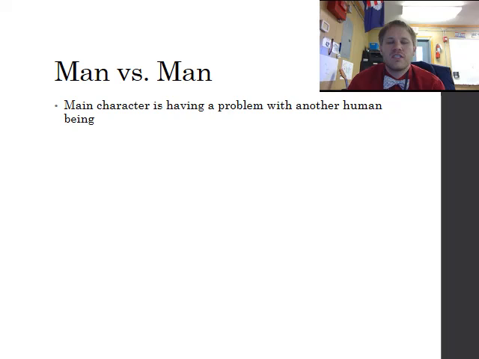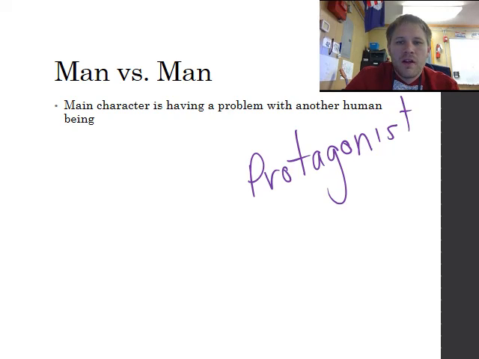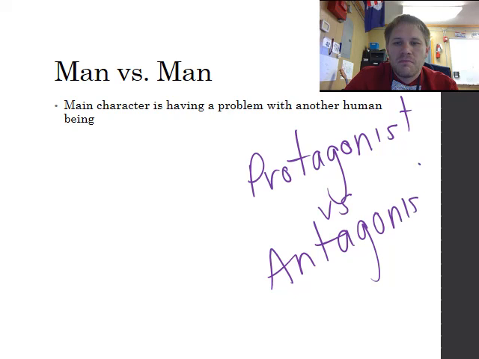Think of man versus man as your typical superhero stories. You have your major main character, and they're having a problem with a villain. We've talked about these words before. You have a protagonist, who is your main good guy, and they're going against your antagonist, your main bad guy. Those are your man versus man stories.